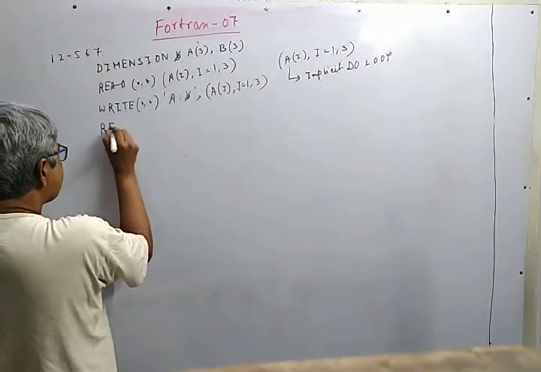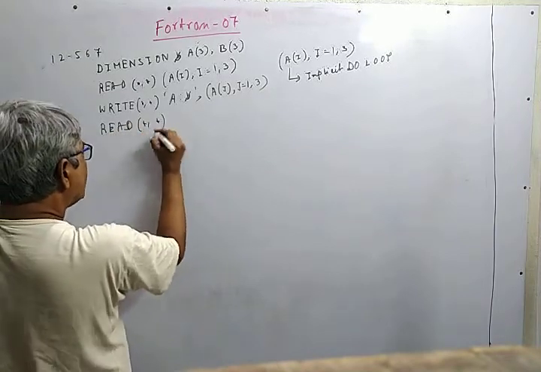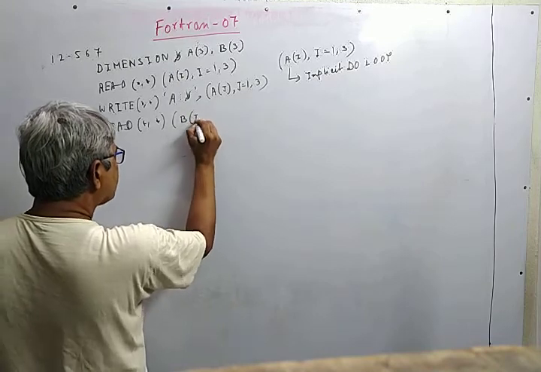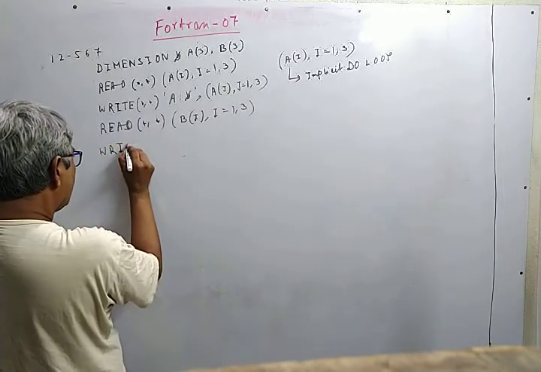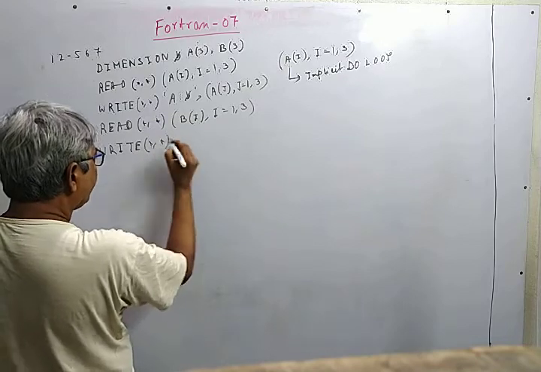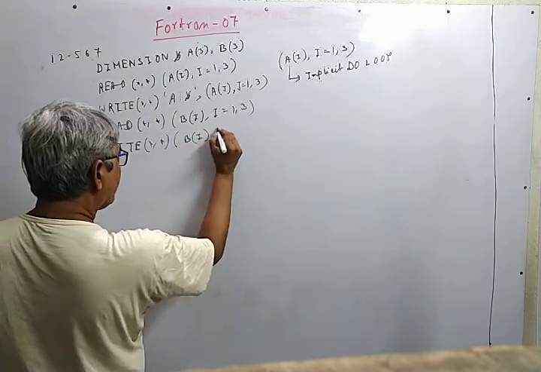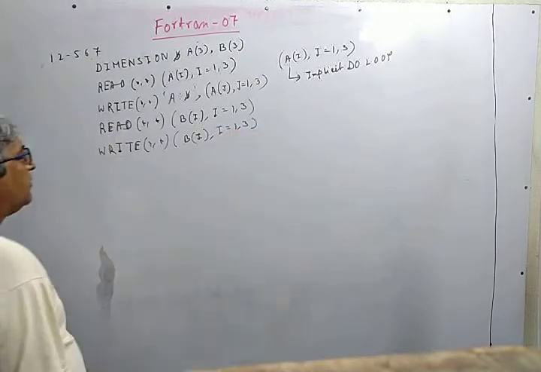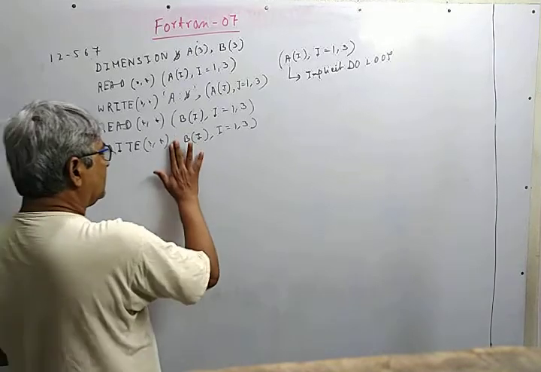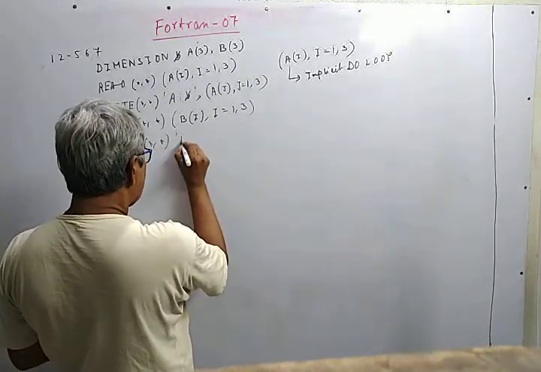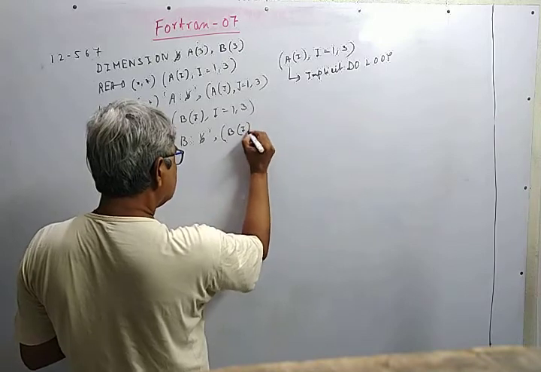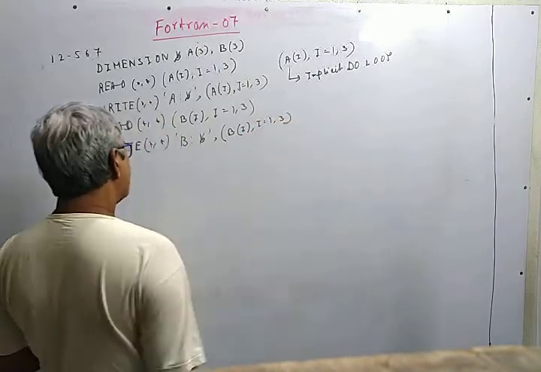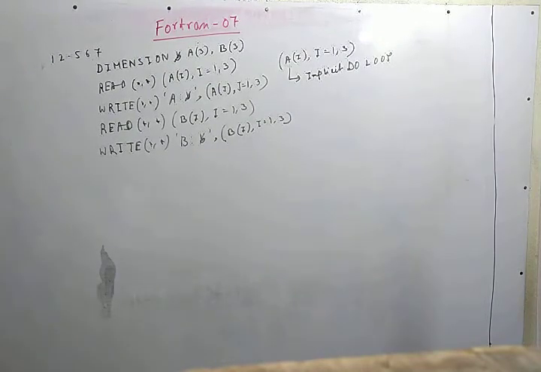Similarly, then read B. Now, what we have done, we have read vector A and the components of vector A and the vector B, and we have also written them.